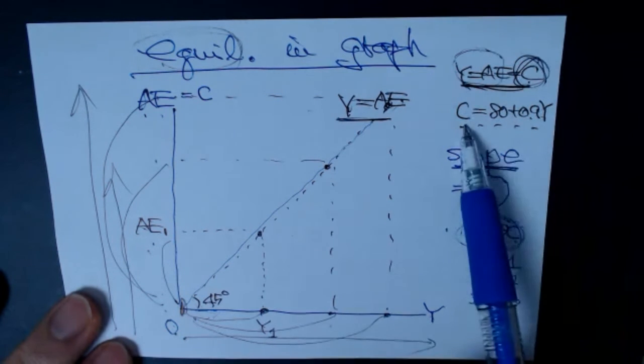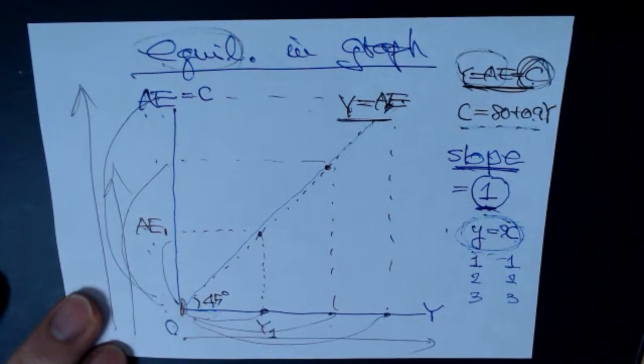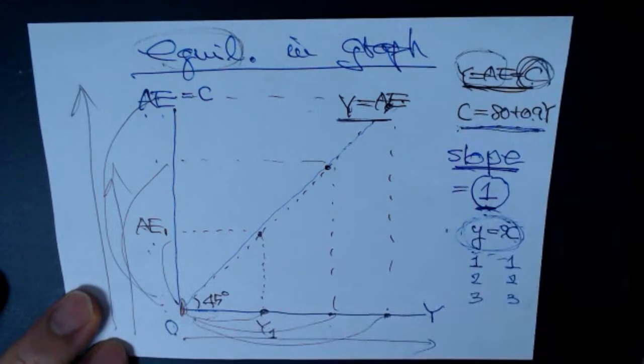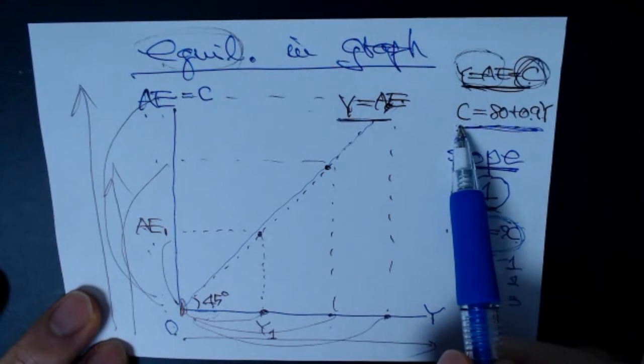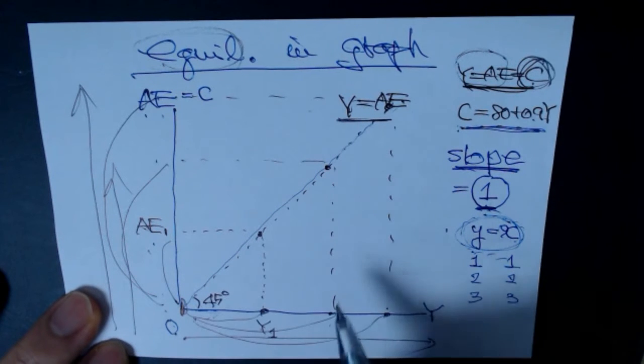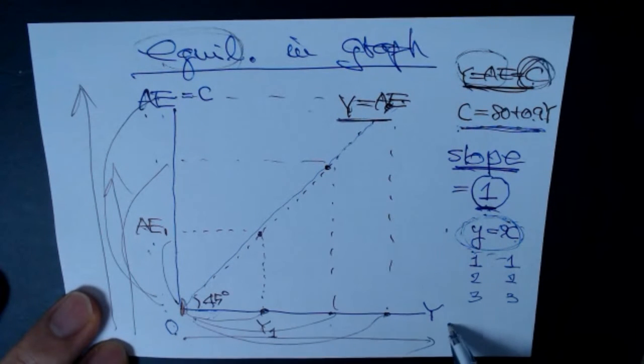Now it's time to add the consumption function, 80 plus 0.9Y. Okay, so how to draw this? Because we know what the consumption function looks like, let's begin with the starting point of this graph, called the intercept.